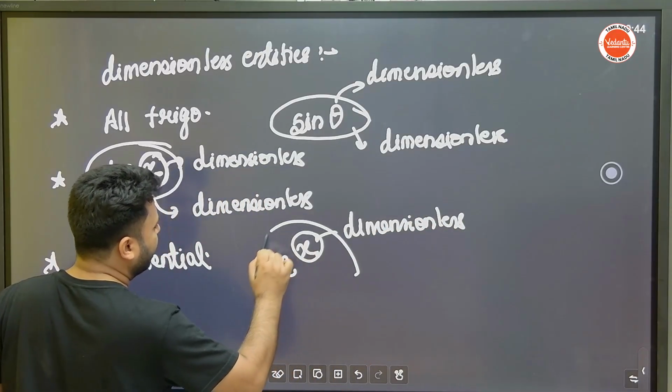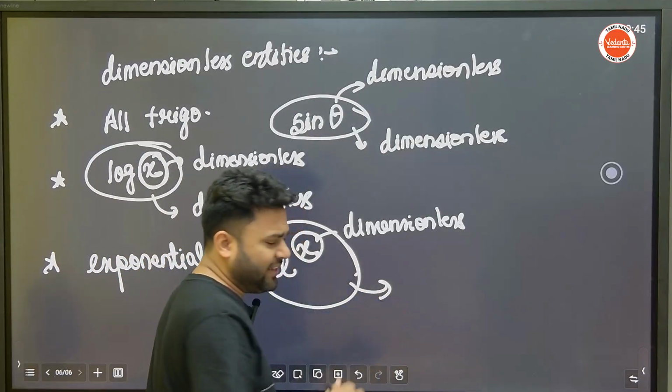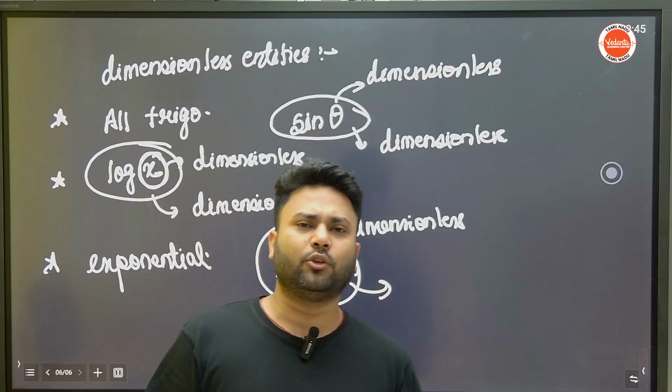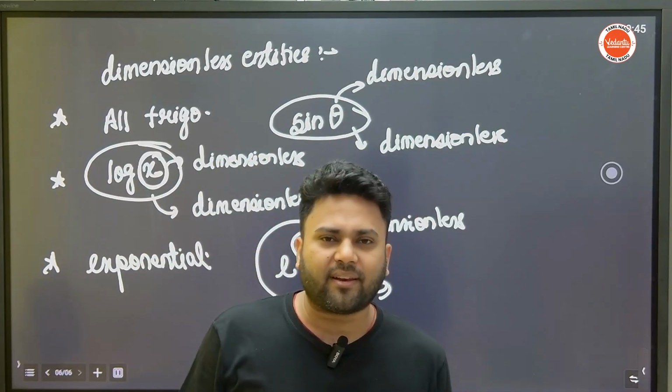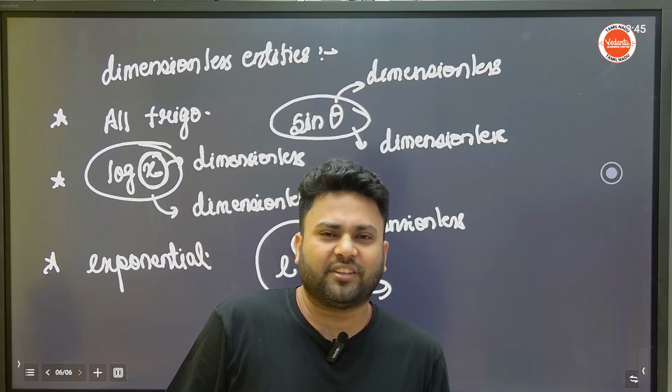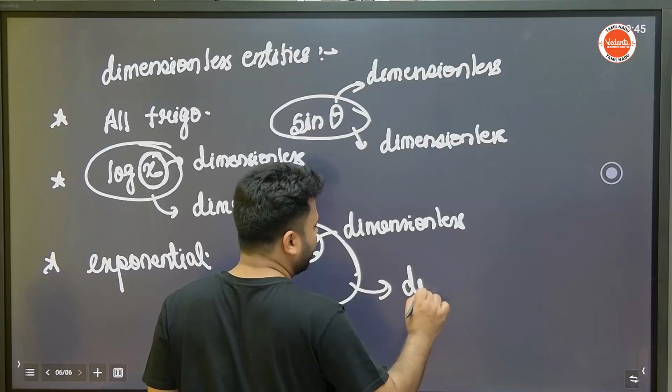And whatever we are getting the whole thing, that e to the power x, this is also dimensionless because e is also a number, 2.71, Euler's number. So a number to the power number will be a number. It does not possess mass, length and time. So this will also be dimensionless.